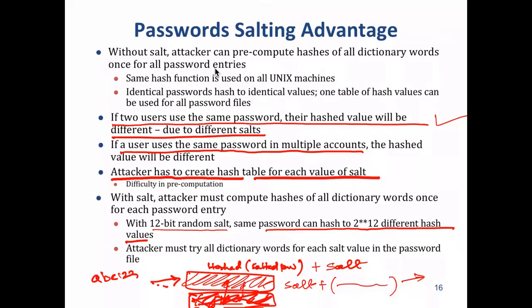So the first thing, the primary advantage of using this, is that if multiple users are using the same password, then the output will look very different. Even if the salt value is known, the salt value would be different.